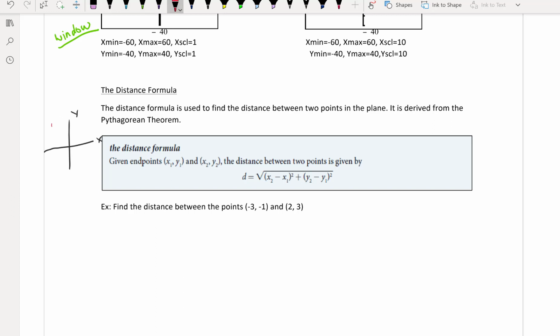If I have some point over here, let's call that point A, and I have another point over here, let's call that point B. Then the distance formula calculates the distance from A to B. So I want to see how far away A is from B, okay? We can do that by using the distance formula.